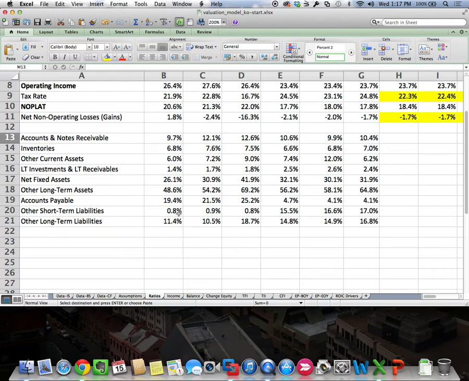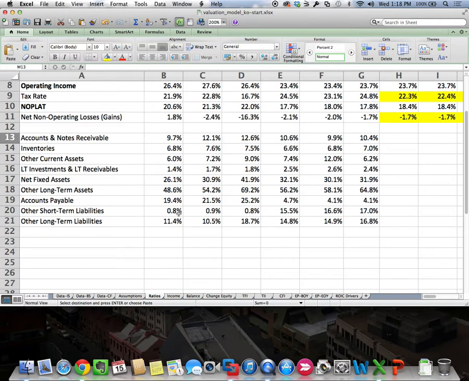By tying everything to sales, then as revenue increases, the balance sheet increases. As revenue decreases, the balance sheet decreases. So what it really does is it allows us to grow or subtract at the current level of productivity of the firm. So in a way, we're forecasting productivity to stay the same.